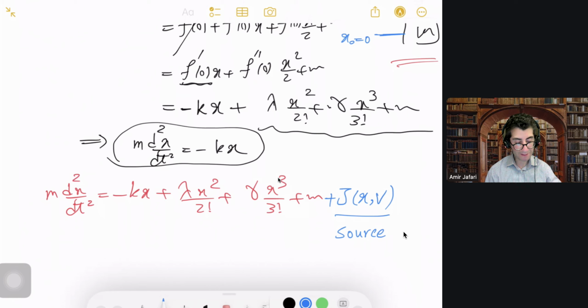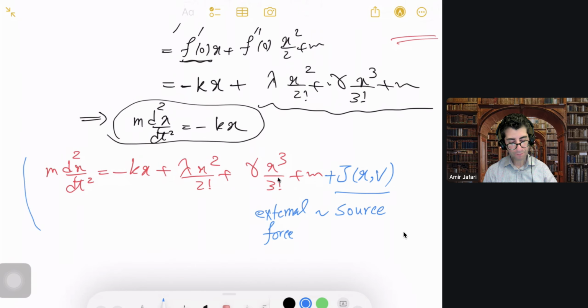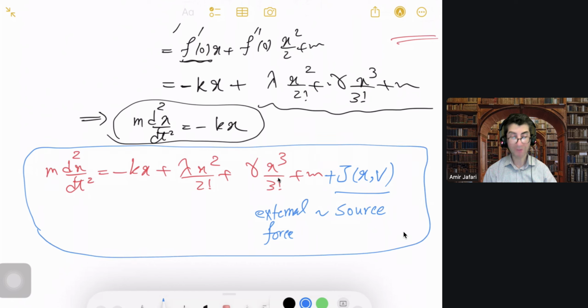Here it's an external force, or a source which basically drives your simple harmonic oscillator. So this is a more general system, which is not harmonic anymore because you have higher order terms, a driving force, or a frictional force, a damping force.